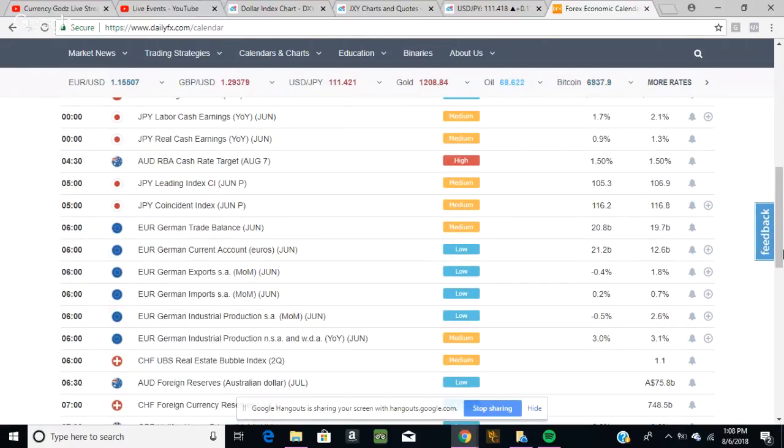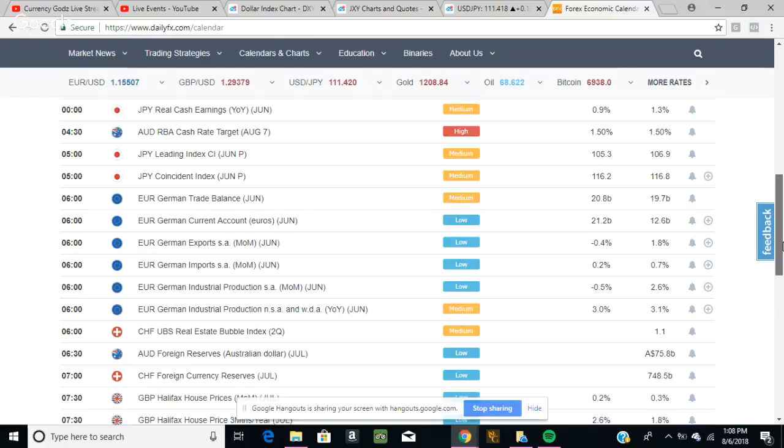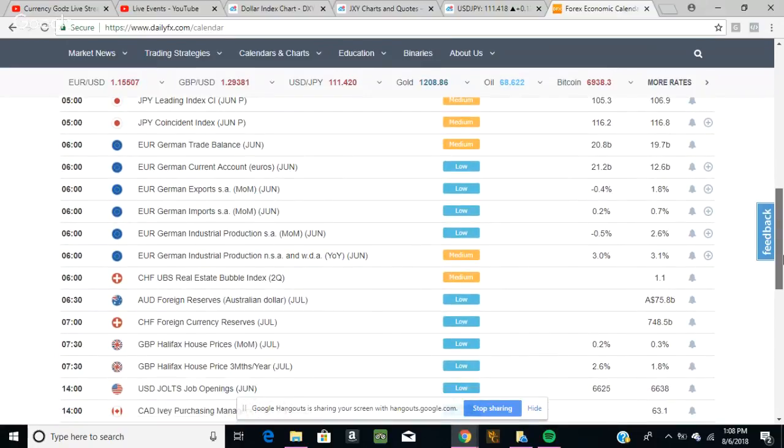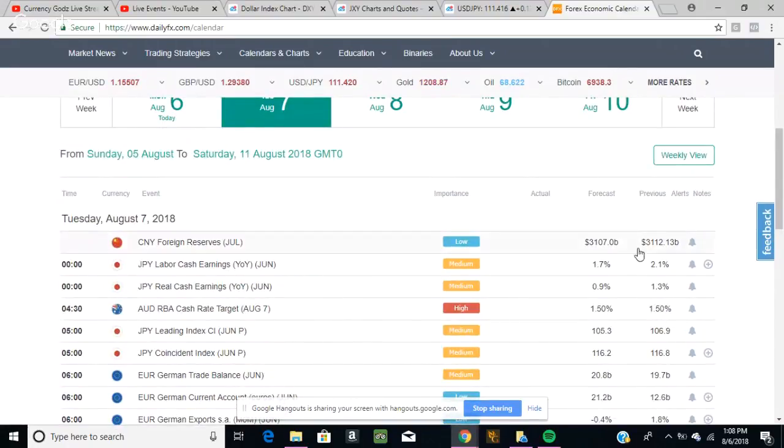releases. Now you can interpret it in multiple ways, but the way that I was taught how to read this news is that if the economists' forecast, let's say in this sense, 3,107 billion for the foreign reserves for this Chinese yen, if the actual number comes in lower than what economists estimated, then it'll be a bad thing for the Chinese yen.